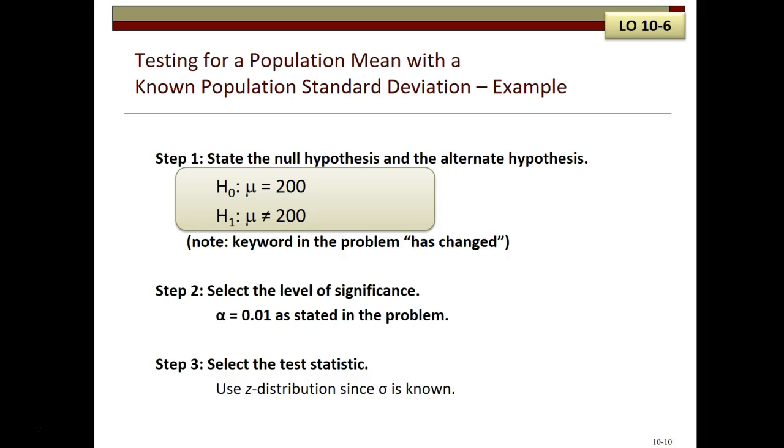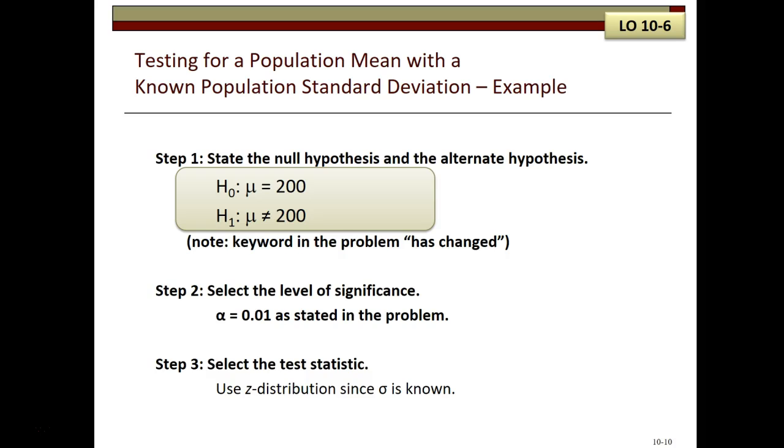So first step is we state the null hypothesis. We say the population mean is equal to 200. The alternative is that it is not equal to 200. If I was to put that into words, I would say there is no change in the population mean from 200.